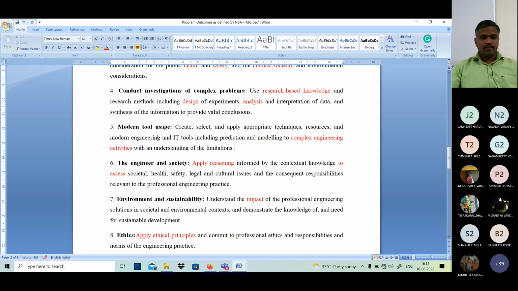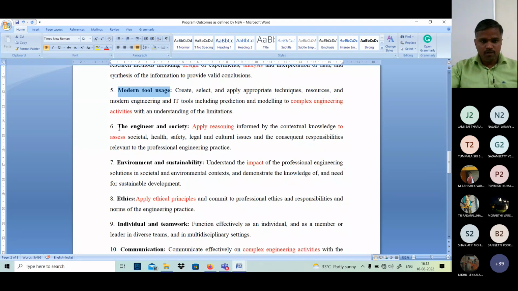For example, neural network in machine learning: always we used to imagine how the neural network will appear, and how the process is going on in the neural network. But nowadays there are animated tools. Using that, you can easily understand, and also you can design the solution for a real-time problem easily. So you can use the modern tools.